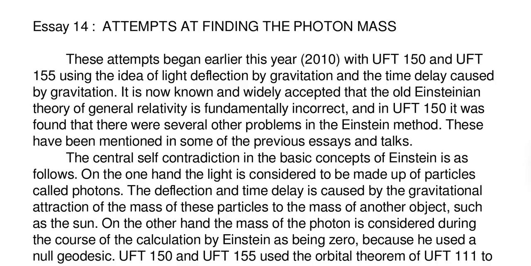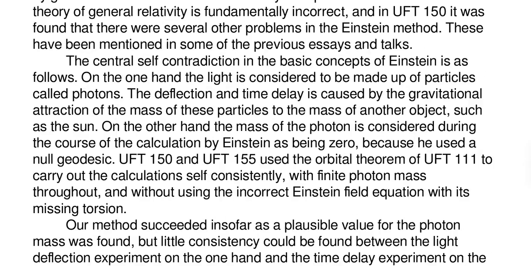In UFT 150, it was found that there are several other problems in the Einstein method. These have been mentioned in some of the previous essays and talks. The central self-contradiction in the basic concepts of Einstein is as follows.